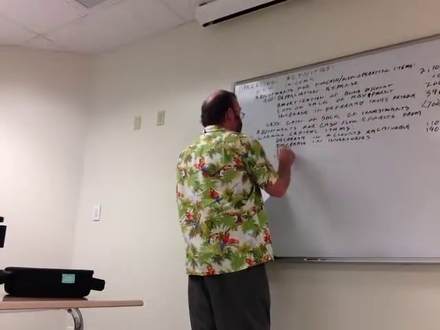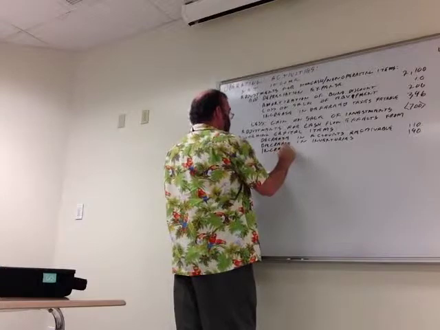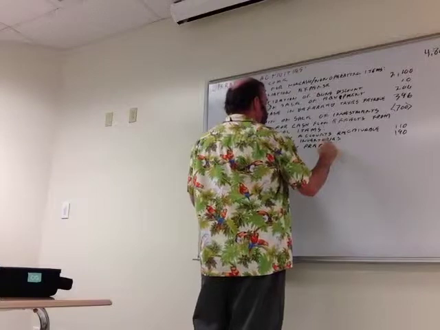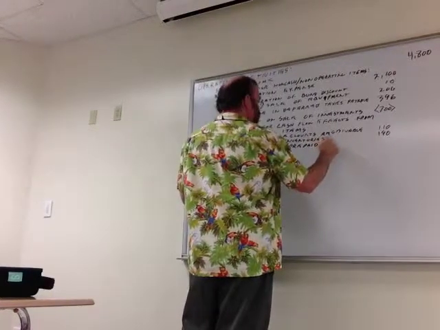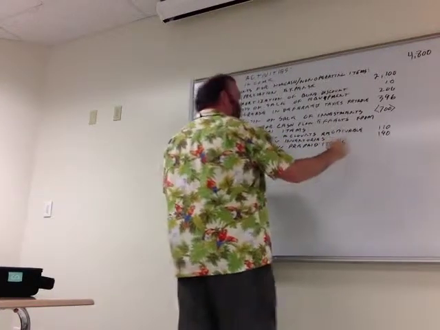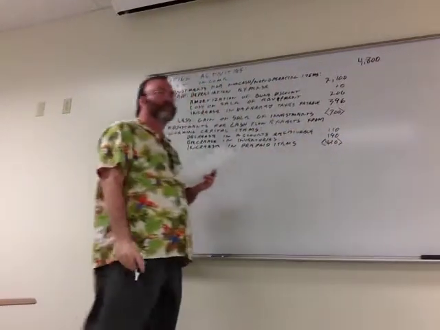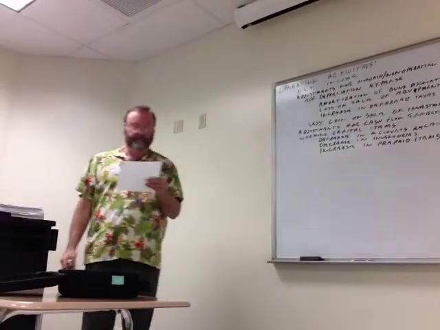Prepaid items, $1,300 up to 1,710, an increase of $410, decreasing cash. That's it for the debit side, because that's all the current assets.